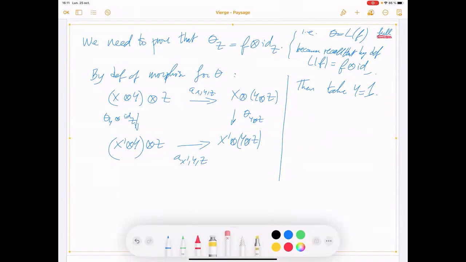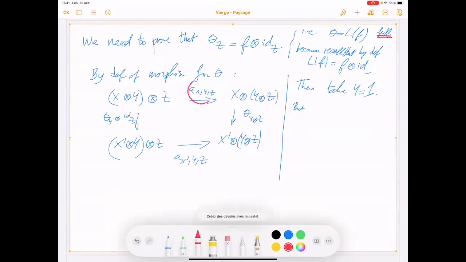Okay. So we have the commuting square from the fact that theta is a morphism in this category, and you apply it to y equal 1. By convention, y equal 1, so here you have identity, and you can remove y everywhere because it is 1.